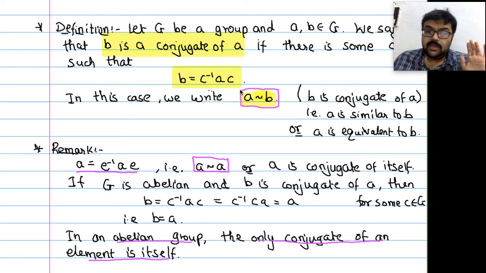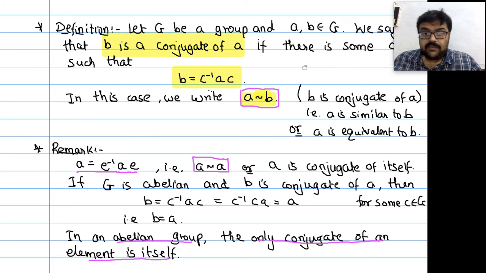The group may be non-abelian, but for example, take the identity. What is the conjugate of identity? If I want to write the conjugate of identity, E equals C inverse E C, but this will commute anyway, EC equals CE, so this is nothing but identity. So identity has no other conjugate except identity.